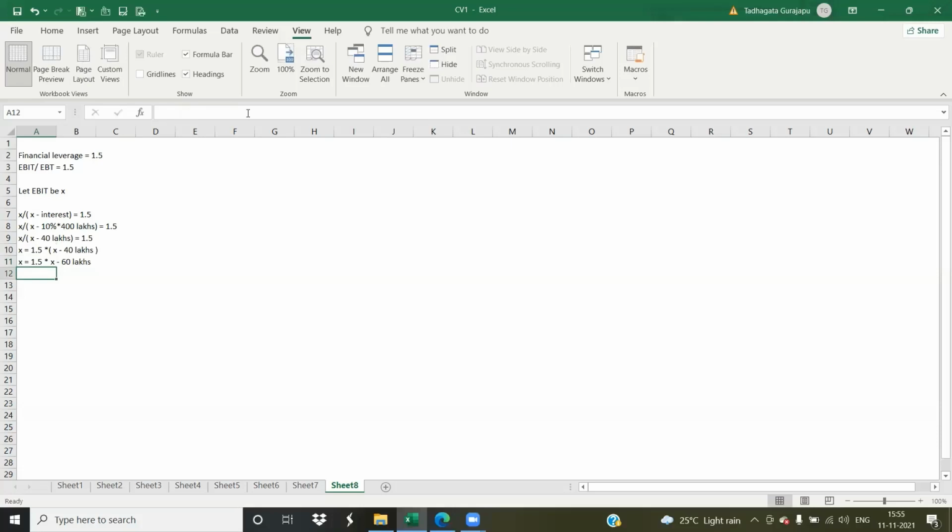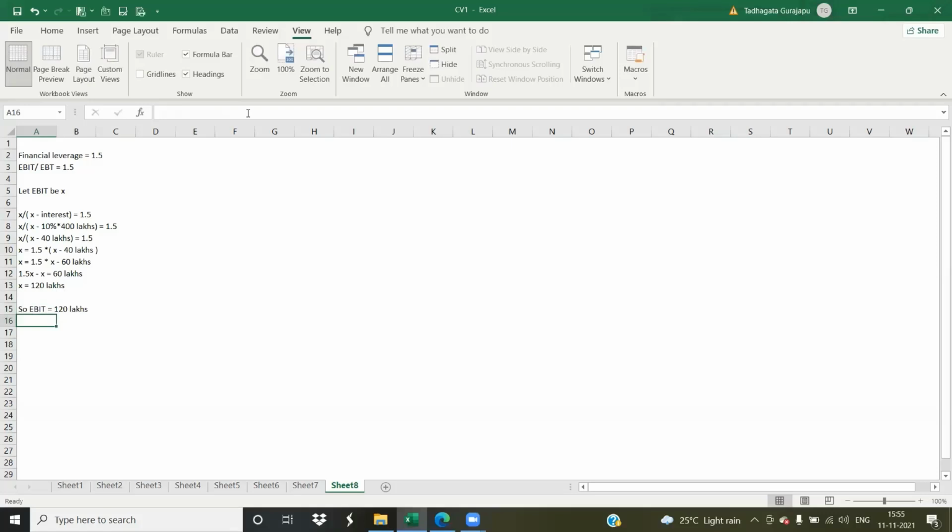So bringing 1.5X to the left hand side, you get 1.5X minus X, bringing 60 lakh to the left hand side, is equal to 60 lakhs. So X is equal to 120 lakhs. So EBIT is equal to 120 lakhs.